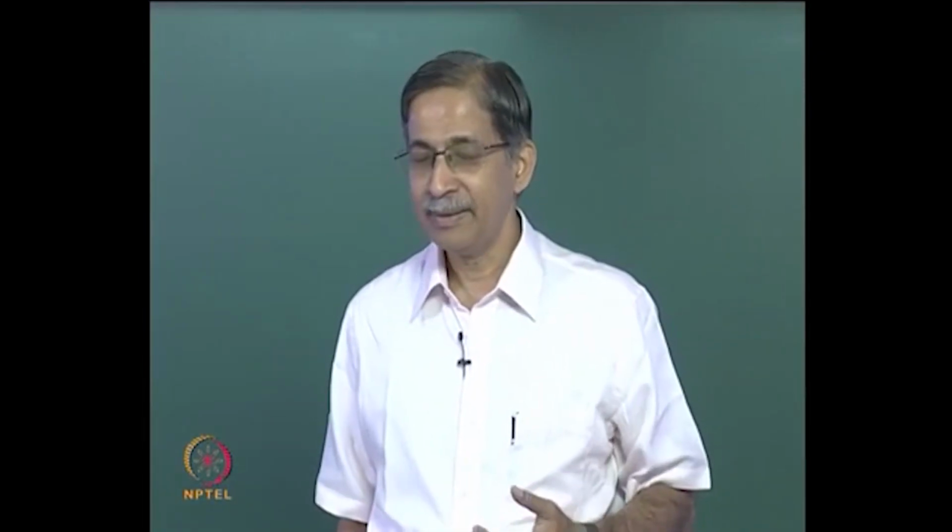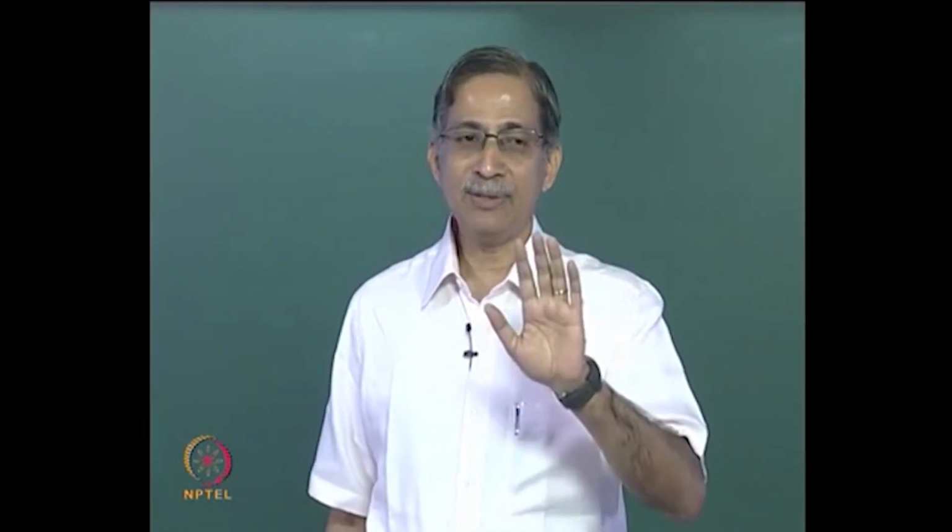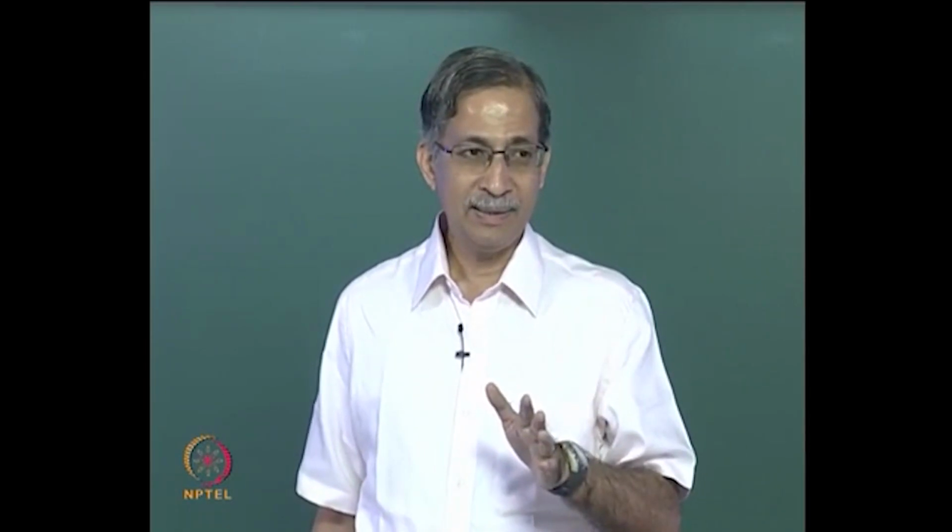What's the relationship we discussed a while back? It all depends on the strain. The axial displacement comes by integrating the strain, right. The strain is directly proportional to the internal force N, right.